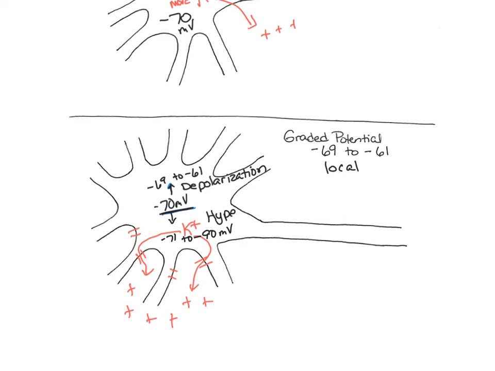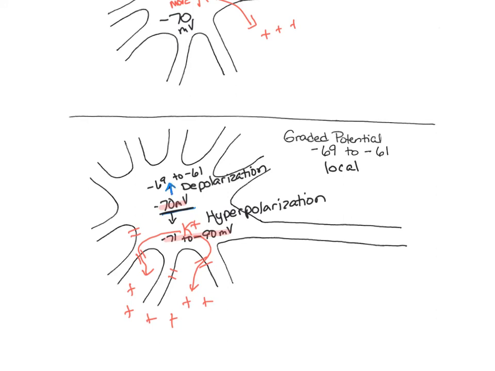Hyperpolarization is an increase in negativity of the resting potential. So anytime the transmembrane potential goes below negative 70 millivolts, this is called hyperpolarization. After a cell has gone through depolarization and has become more positive, so negative 69, negative 61, that's called depolarization, when the transmembrane potential is above resting membrane potential.